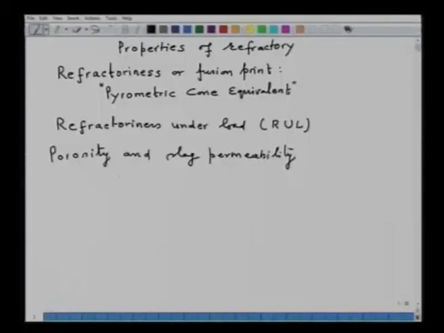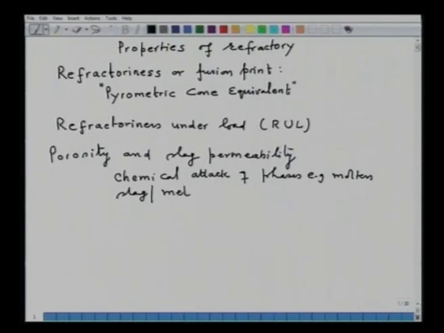So, for that purpose the porosity of refractory is important, because the porosity will determine the chemical attack of phases, for example molten slag, metal, matte and gases. So, it is for this purpose the porosity in a refractory is important.